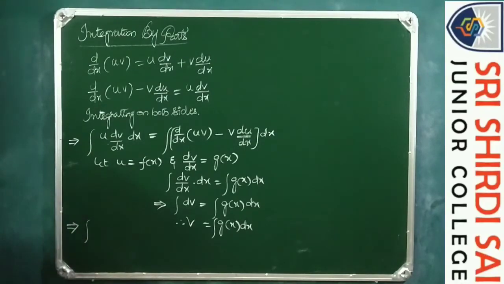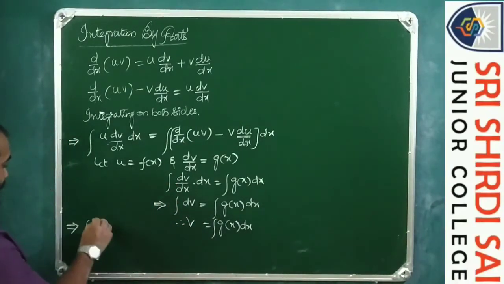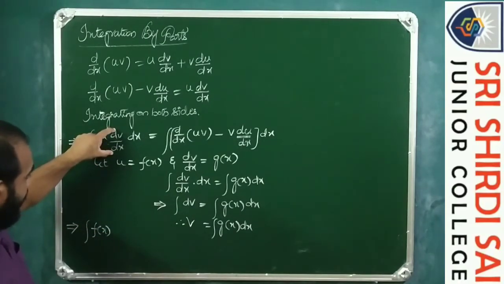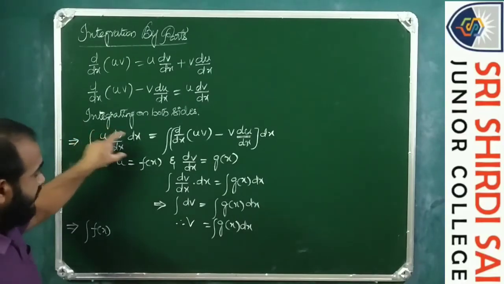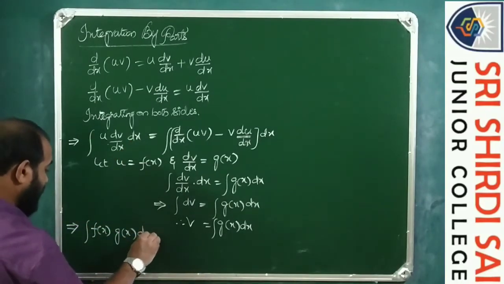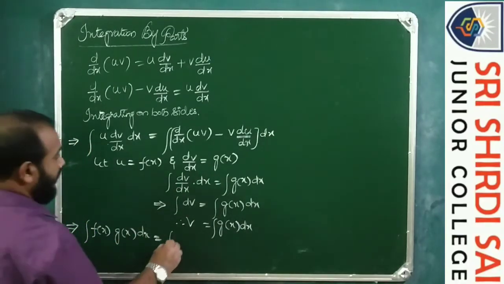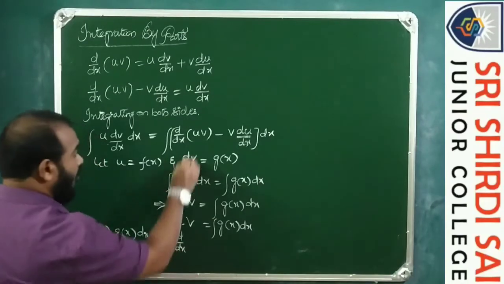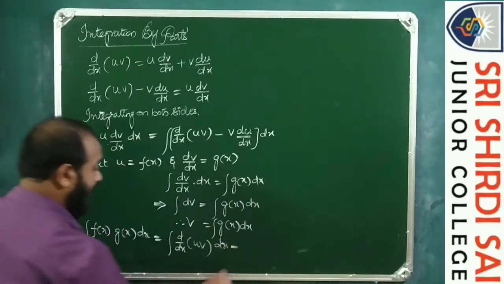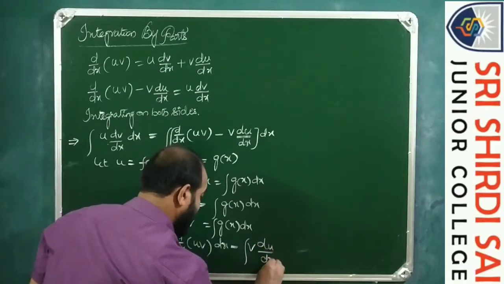Integral, the value of u is f of x, into dv by dx, which is g of x, into dx, is equal to the integral of d by dx of uv into dx minus the integral of v du by dx into dx.